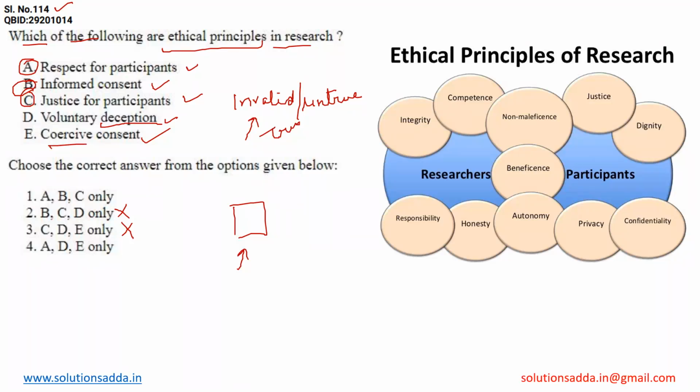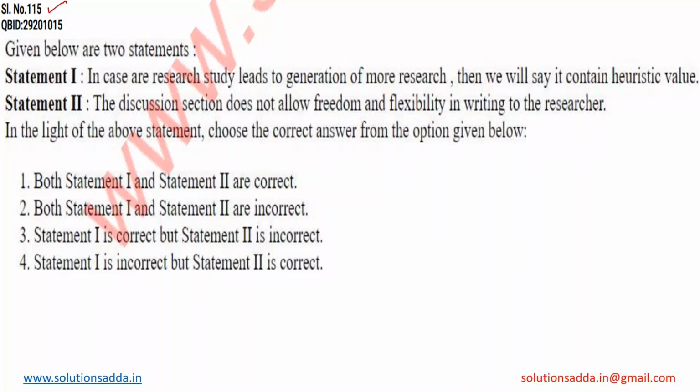And coercive consent means when we are forcing someone to submit their consent in favor of our research. That should not be there. It is against the ethical principles of research. So D and E are not included in the ethical principles of research. So the correct option for this question will be option number 1, where A, B, C are the correct ethical principles in research.